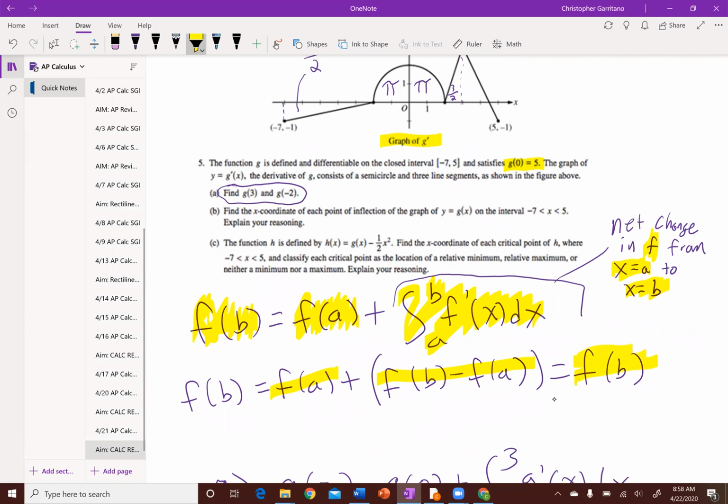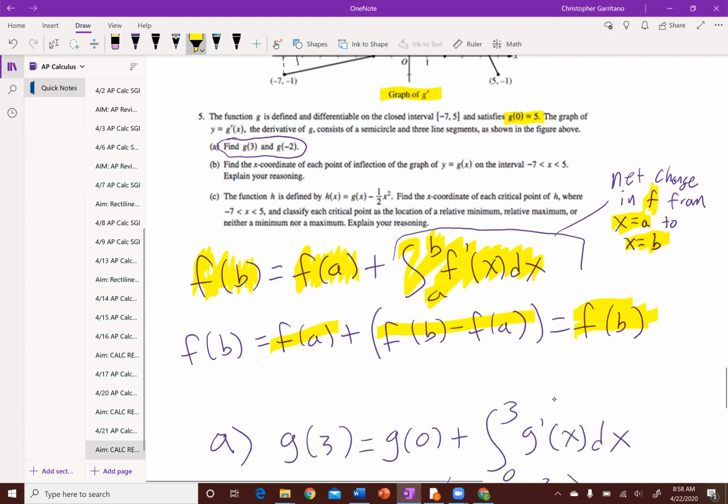I'm left with f of b. So this is just proving to you that if I want f of b, I can take f of a and add to it the definite integral from a to b of the rate of the function. All right, so let's put that into practice here.